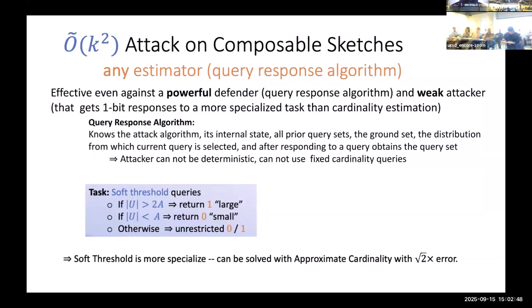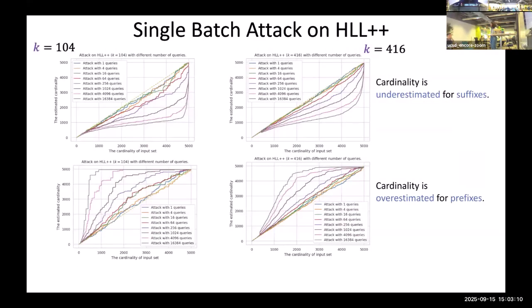HyperLogLog is the most widely used algorithm, and actually the plus one is the version that is more efficient and most widely used. And this work is for most of the known sketches, I guess all of them are based on the main idea in the slide that we look at the highest priorities.